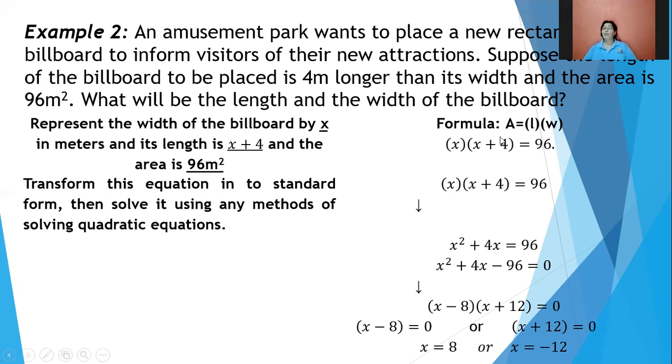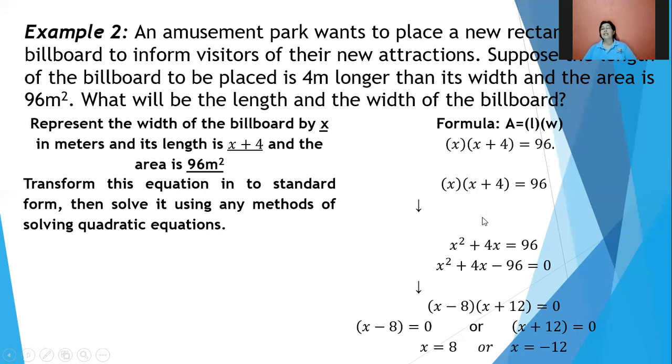Then the formula: the area is equal to length times width. Since the length is x plus 4 and the width is x, it is x times the quantity x plus 4, and the given area is 96. Use the distributive property.